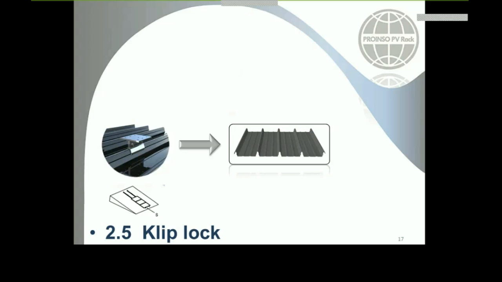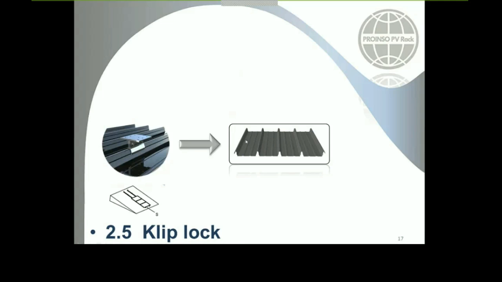Going through the clip lock solution, the most simple one, and I think it is very famous in South Africa. We have designed this piece that can be adapted directly to the shape that our clip lock roof is going to have.